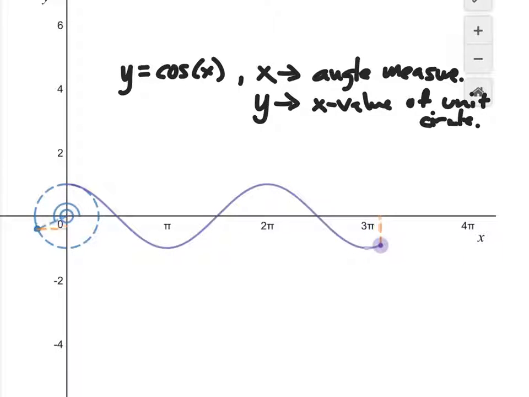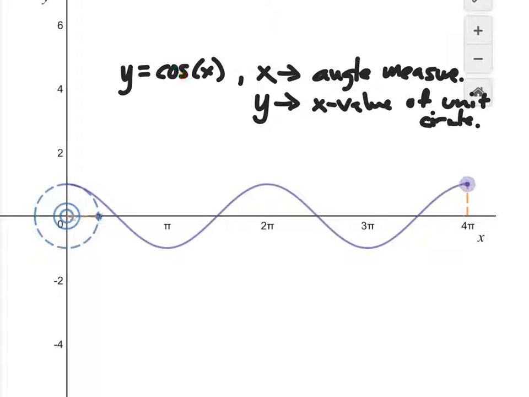So always remember and look back here that the x value is the angle measure. The y value is created from the x value of the unit circle. It is a little strange, but all we're doing is writing this as a function, and they have specific values. So try not to get too confused about how we generate these.